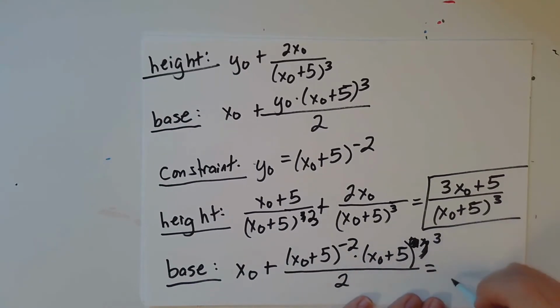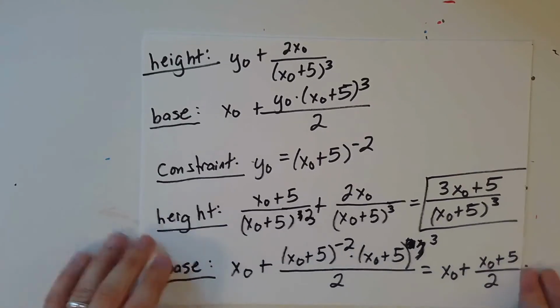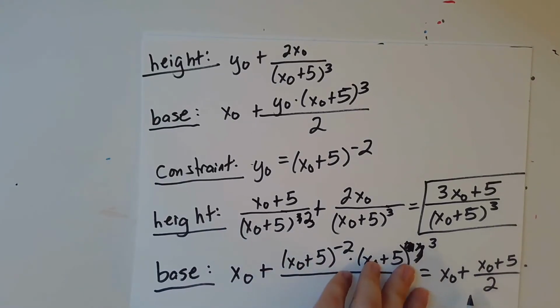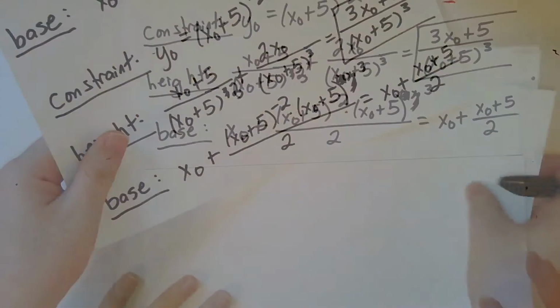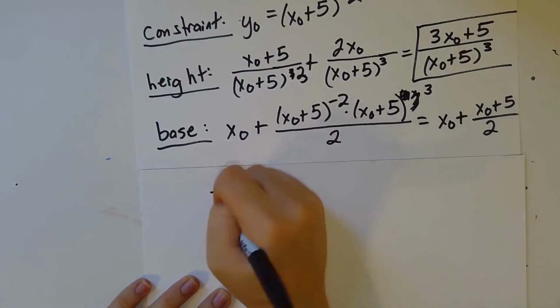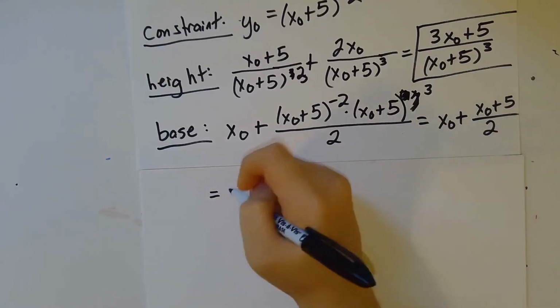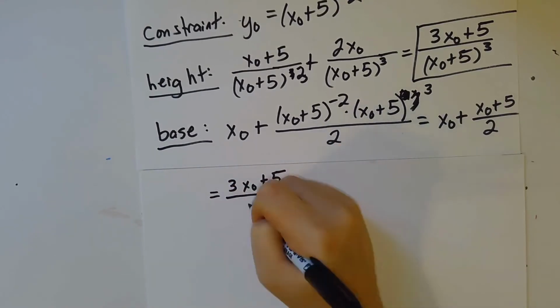Notice 2 of these cancel with 2 of these, so I am just left with x naught plus (x naught plus 5) over 2. Let me combine these two into one fraction on the next sheet of paper. So the base, continuing along, is equal to (3x naught plus 5) divided by 2.